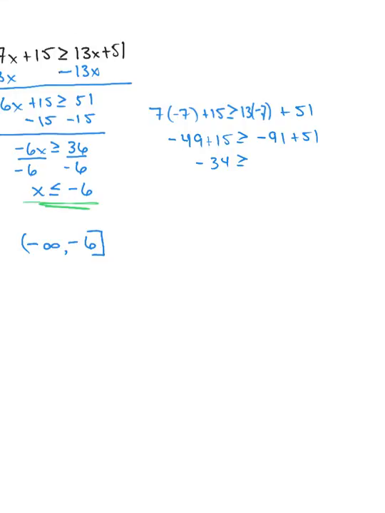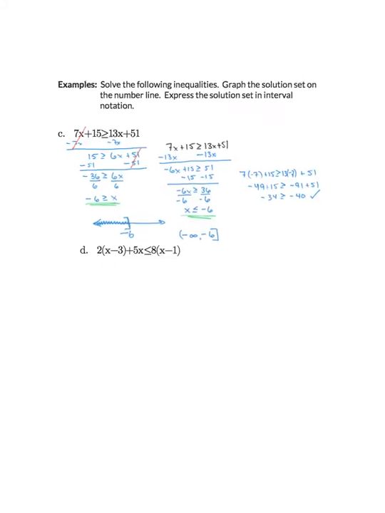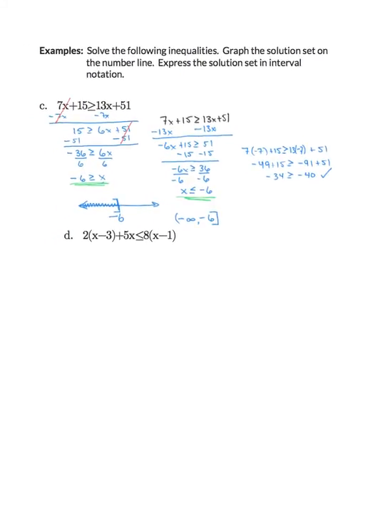Negative 91 plus 51 is negative 40. And is negative 34 greater than or equal to negative 40? Yes, it is. All right, so that takes care of example C.